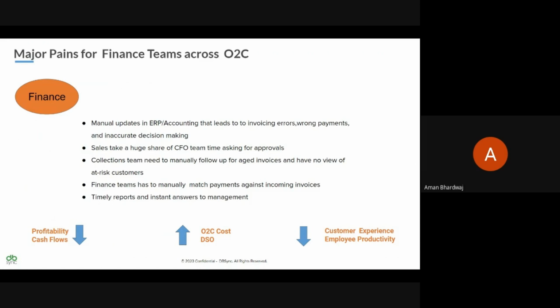Rather, they're chasing different teams or customers, which could also lead to conflicts with customers if you don't have the right data, and even your customer experience takes a hit.